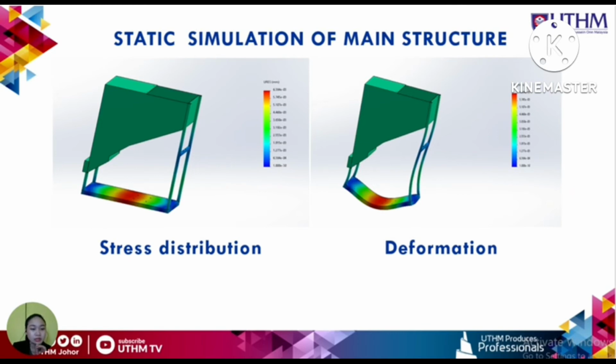From the stress distribution result, the maximum value is 6.38 exponent negative 3, and the minimum value is 1 exponent negative 3. The right figure shows the deformation of the main structure. This deformation occurs at the red area because of the stress due to the weight of the motor on that area.